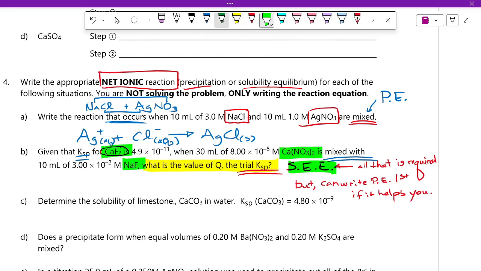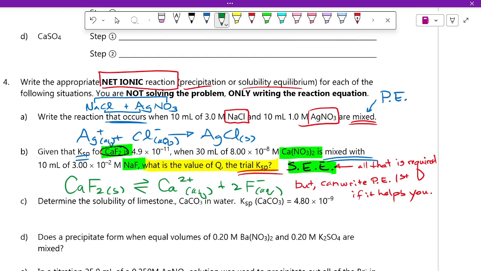So it's going to be the calcium fluoride, CaF2, solid in equilibrium with Ca2 plus, aqueous plus 2F minus aqueous. Is that good? Okay.